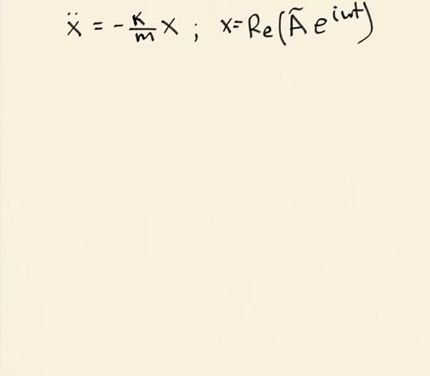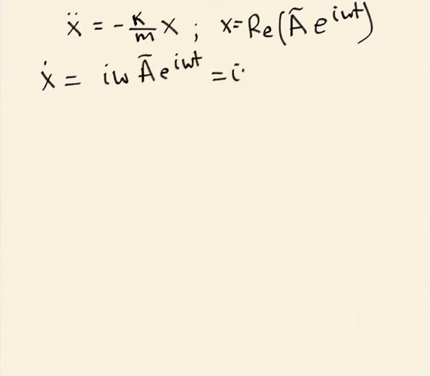And then when I'm all done, I can solve for x and take the real part at the end. So if I look at x dot, what happens if x is just a twiddle e to the i omega t? Taking the time derivative just brings down a factor of i omega times a twiddle e to the i omega t.